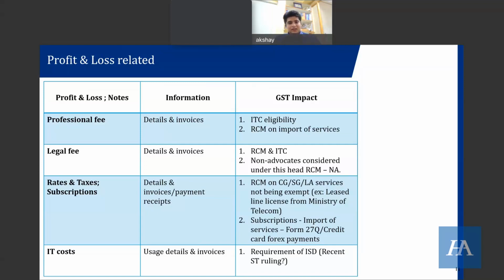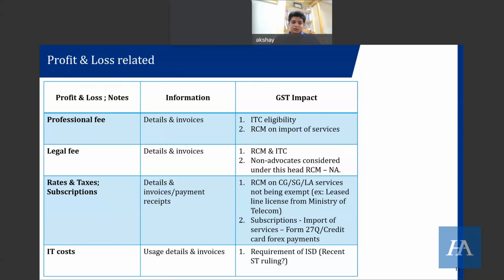Rates and taxes and subscriptions. This is an area in the financial statement which ideally needs a lot of focus, because there is this RCM liability on central government, state government, and local authority services. Now, some of these services are exempt, and some are specifically not provided by the CG, SG or LA. They may be provided by a governmental authority or government entity.